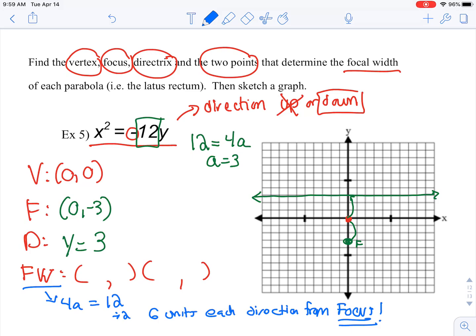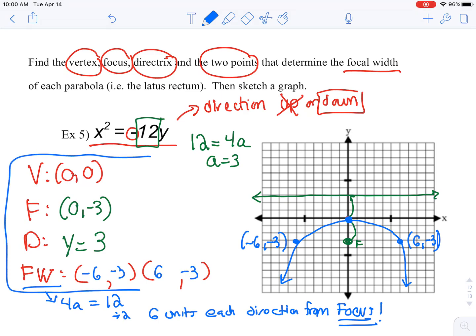So if we go back to my focus and I go 6 units to the right and I go 6 units to the left, there's the sketch of my parabola. The focal width points were at (6, -3), and over here at (-6, -3). So those are (-6, -3) and (6, -3).